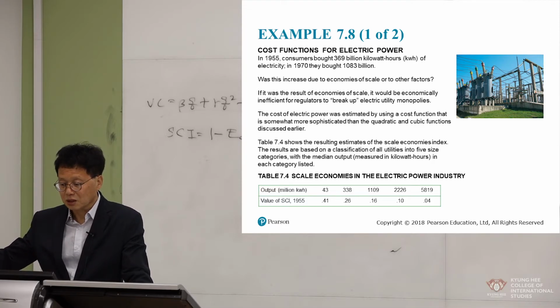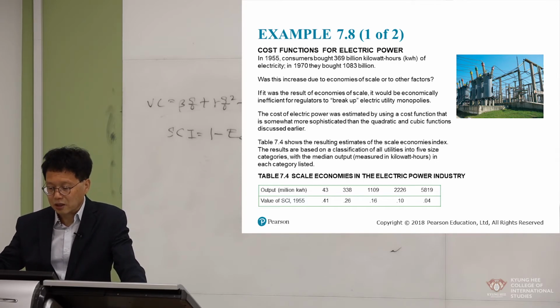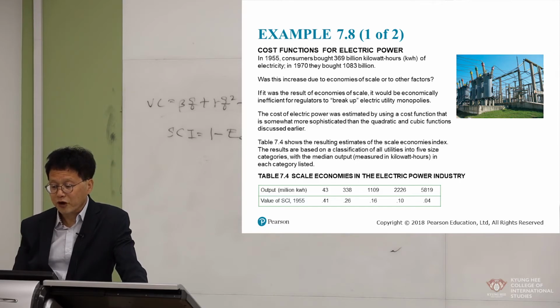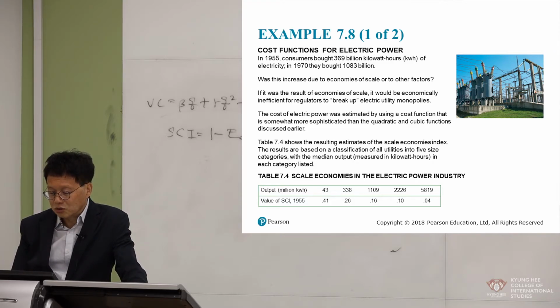That kind of government policy is correct only when there are no economies of scale, only diseconomies of scale, right? But if we can find economies of scale, breaking up the electric utility monopoly is a bad, inefficient decision, okay? So the cost of electric power was estimated using a cost function somewhat more sophisticated than the quadratic and cubic functions discussed earlier. So anyway, they calculated that.